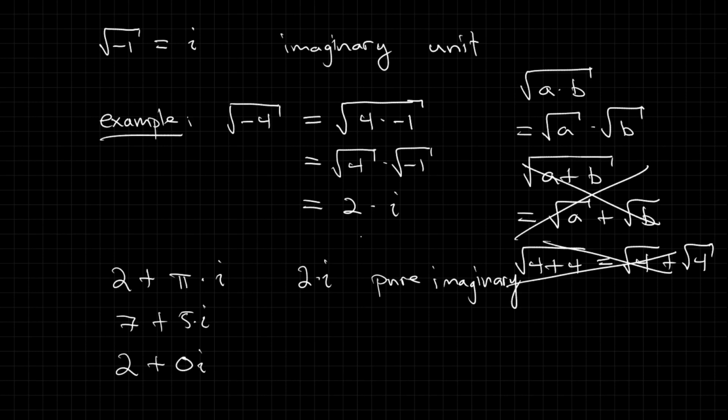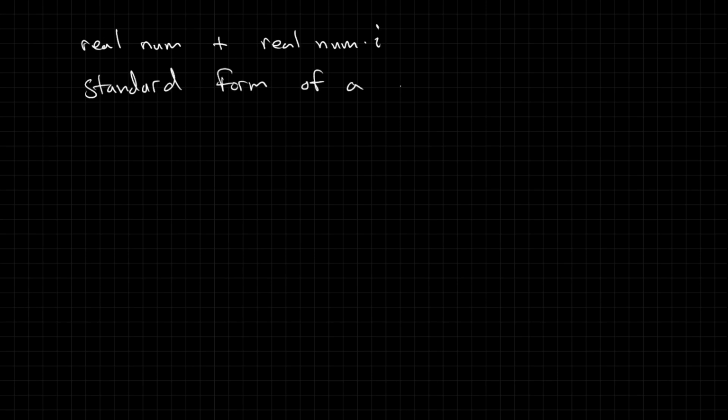I won't go into that right now, but you should know that when we write a complex number as a real number plus a real number times i, we say that this is standard form of a complex number.